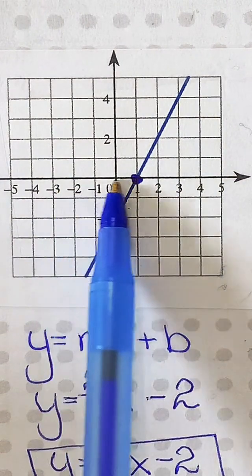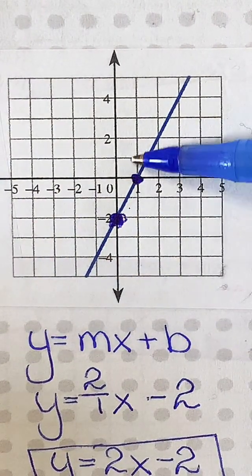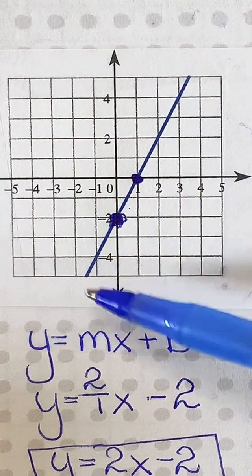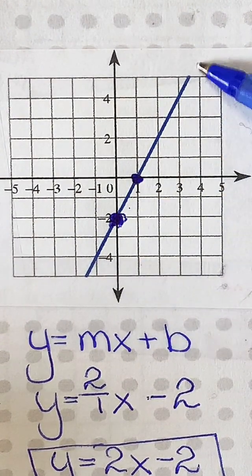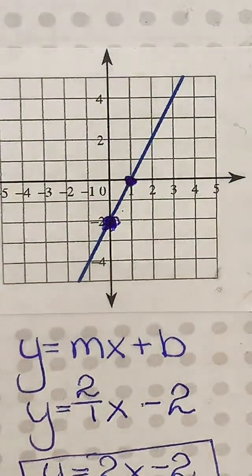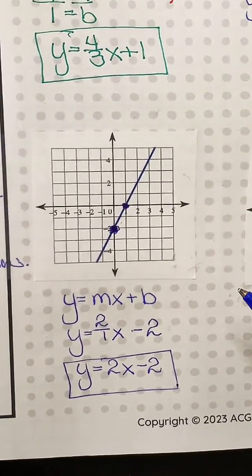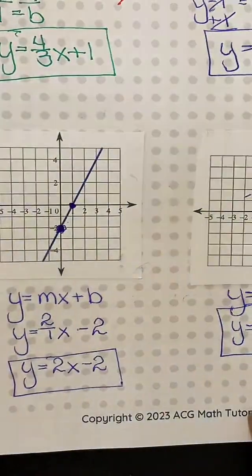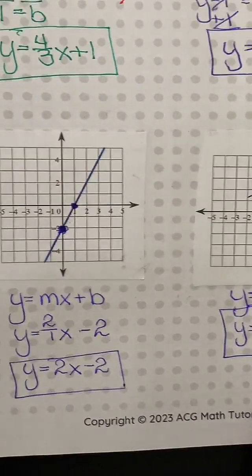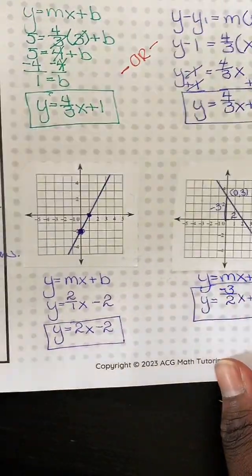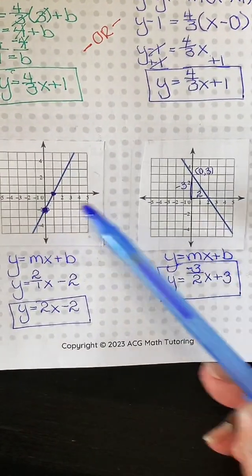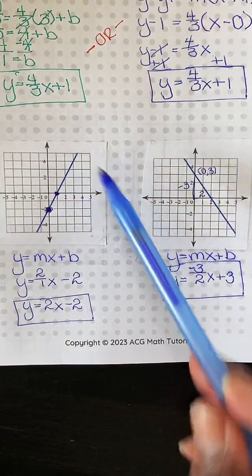So as my x's are increasing, so are my y's. Okay, so it's showing that positive slope. Let me unshrink a little bit, so I can fit both graphs on there. So this is giving us a positive slope.